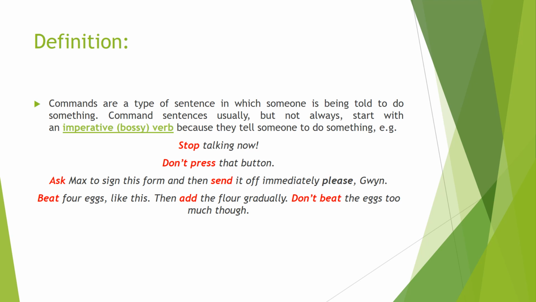So you see here all the sentences that we use in order to give the instructions start with the base form of the verb, and we want to show what the addressee has to do. So these are, again, examples of commands in English.